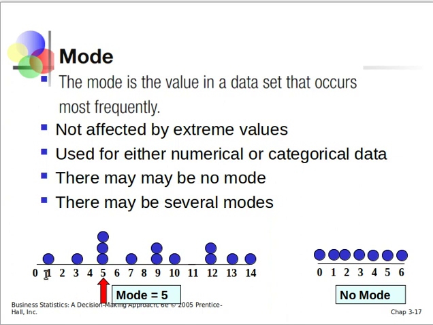Whereas here in this data set from 1 to 14 ang iyang range, ang pinakadaghan o occurrence or frequency is number 5. There are 3. Ang 9 o 12 has only 2. So ang most frequent element is 5. So the mode is 5. So that is said to be the center of the data set, this element number 5.